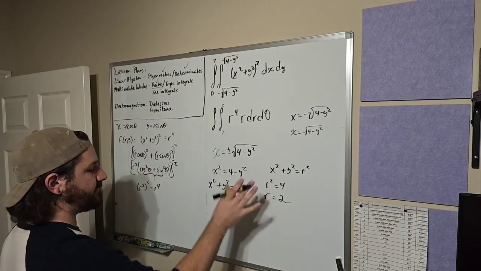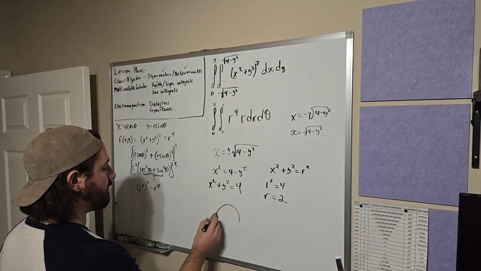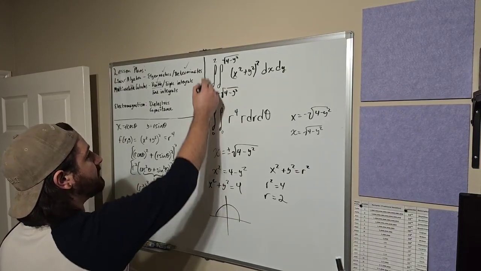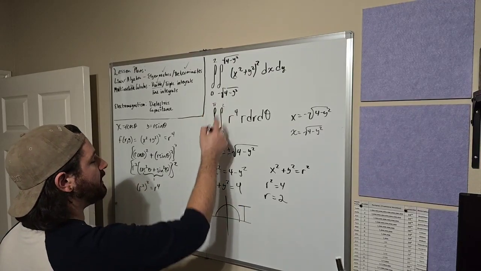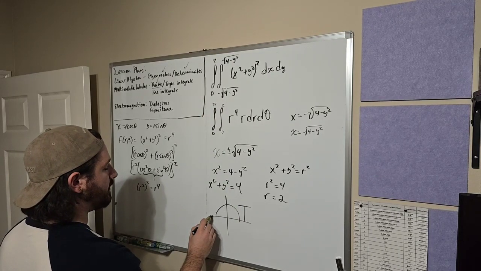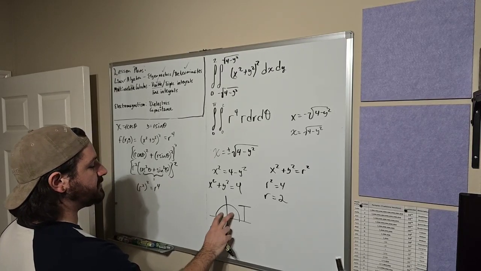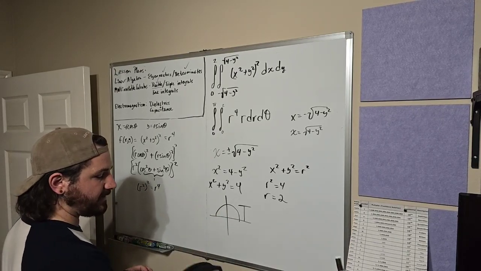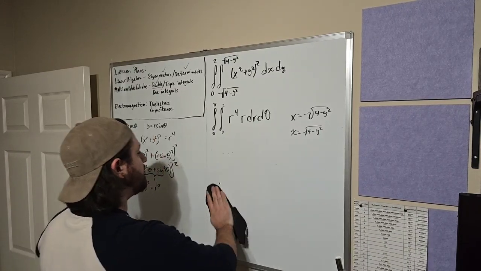So 0 to 2 is definitely right. We're good there. Okay, it's the top half of the circle, since we had 0 to 2 for our y. The x is a little strange, that's why I don't really know how to show it. But the 0 to 2 on the y is really what's giving me that 0 to pi for my theta. Okay, anyways, back to the math.